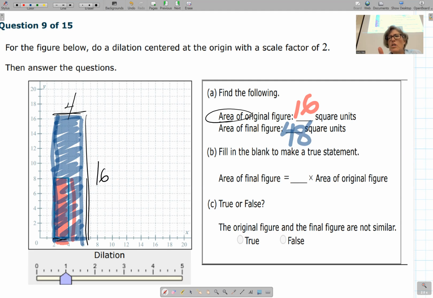Okay, so notice what did we do here? We doubled the edge length, and yet look at what happened to the area.